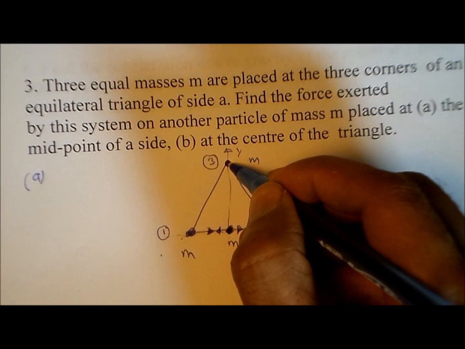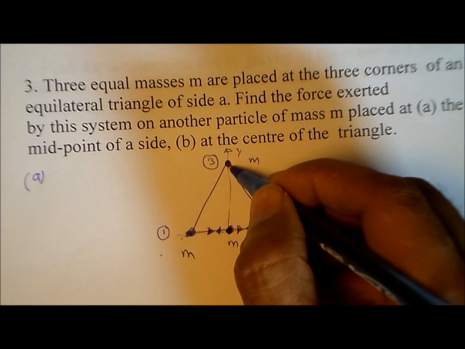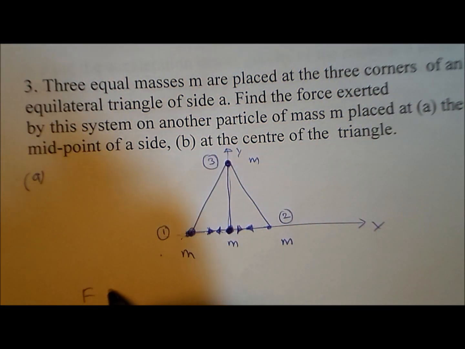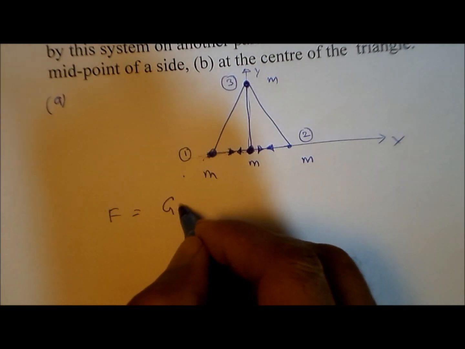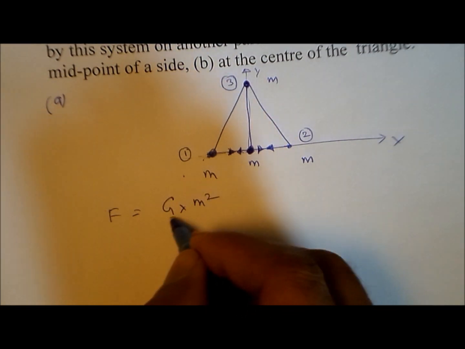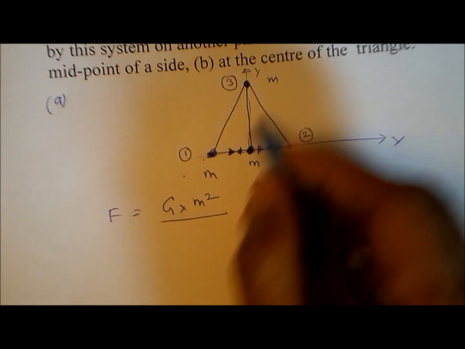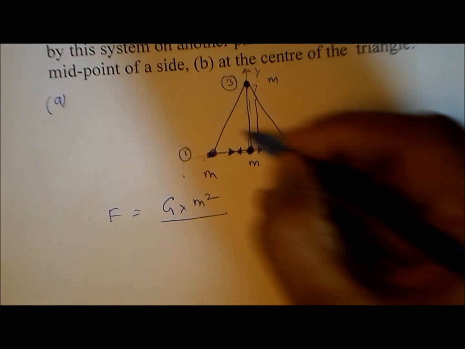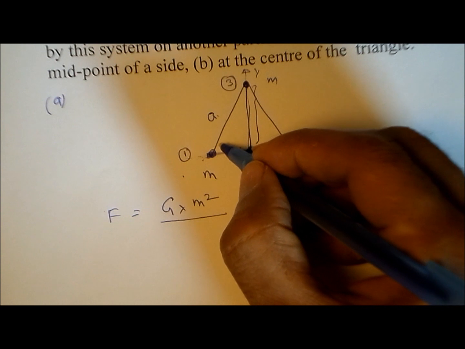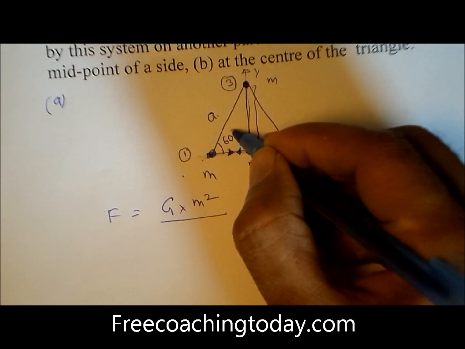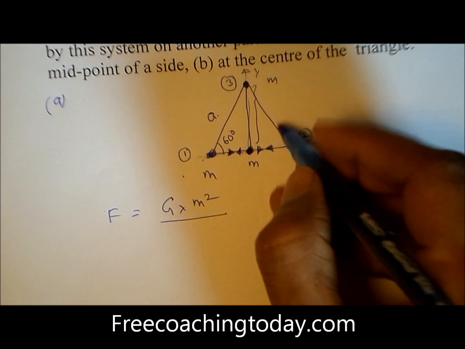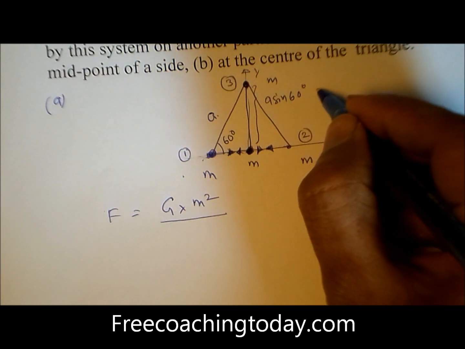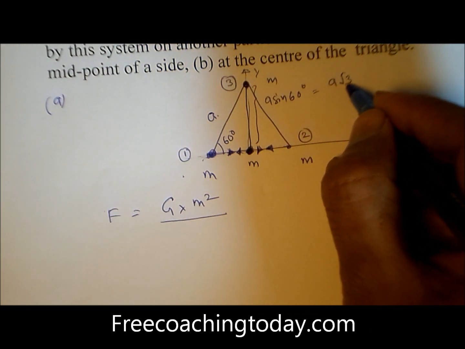That results in the force due to this point number 3, and this is going to be F equal to G m1 m2, which is m square, divided by r square. r is this distance, and we know that this is 60 degrees, so this side is going to be a sin 60 degrees, or a root 3 divided by 2.